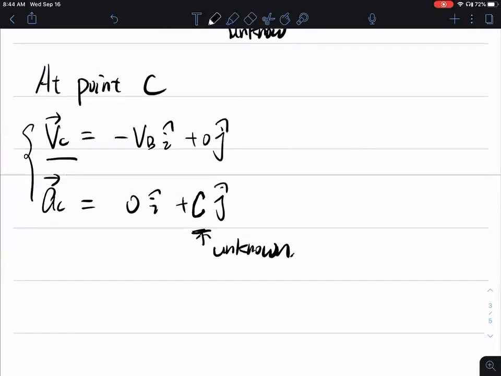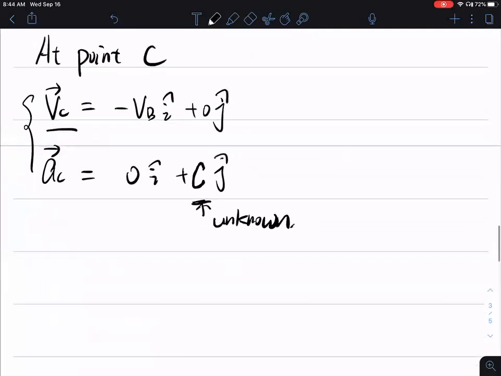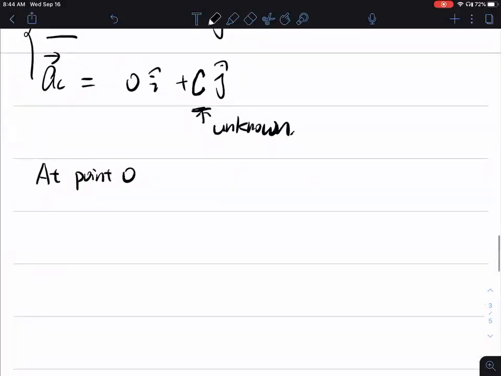Okay, any other points where we know the direction? For a wheel, we always have the center as a special point. The center can only move in the horizontal direction. So we can write out the velocity and acceleration for point O. VO, we don't know what VO is, but we know VO only has components in the I direction.